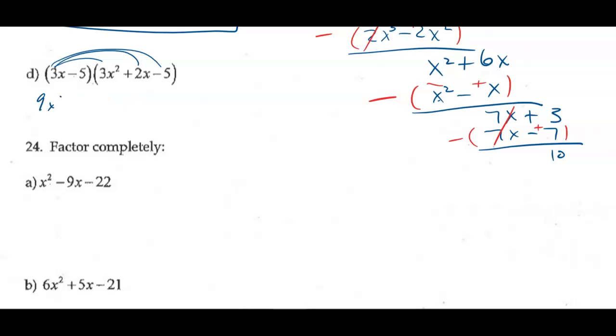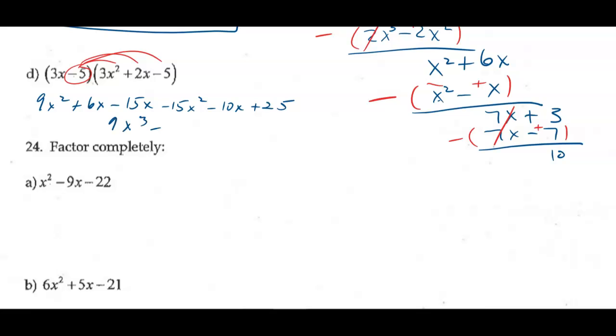That gives me 9x squared plus 6x, minus 15x. Then go to this one and distribute it. That becomes minus... and combine it all together. I'm not going to go through that.